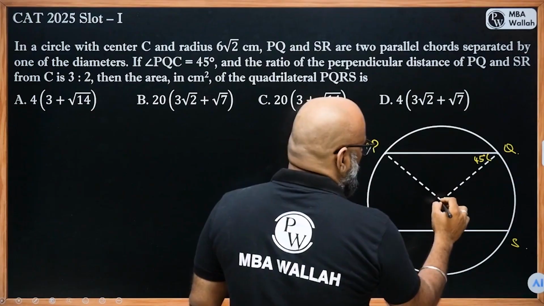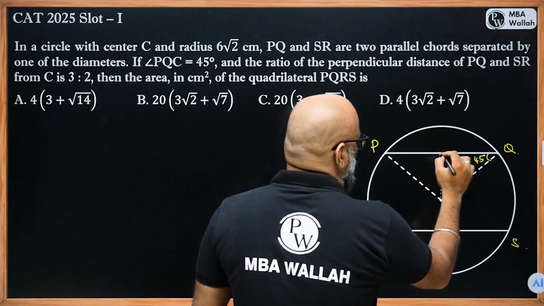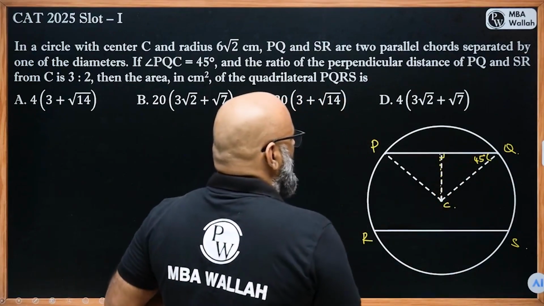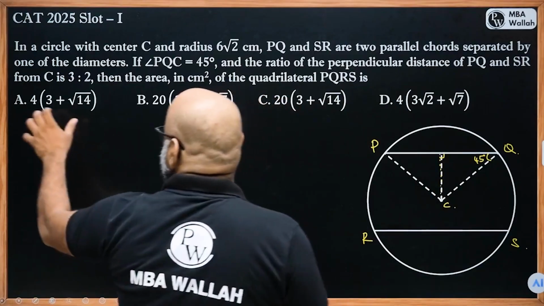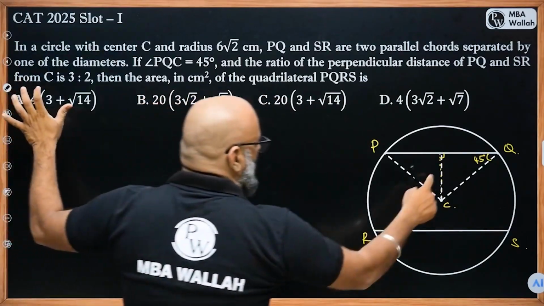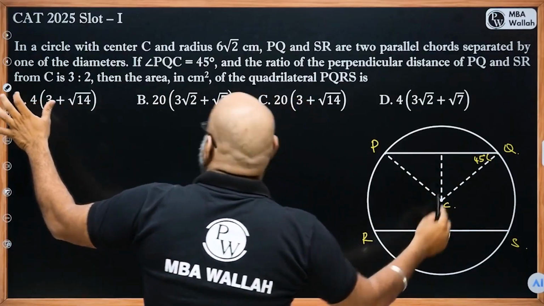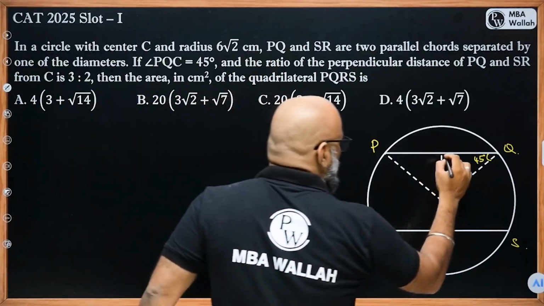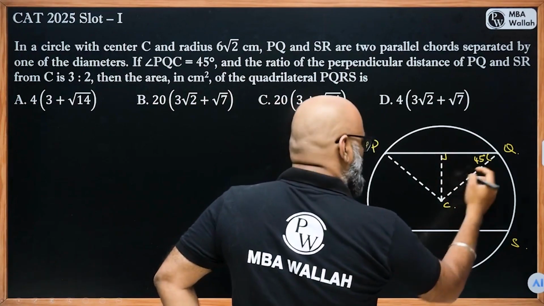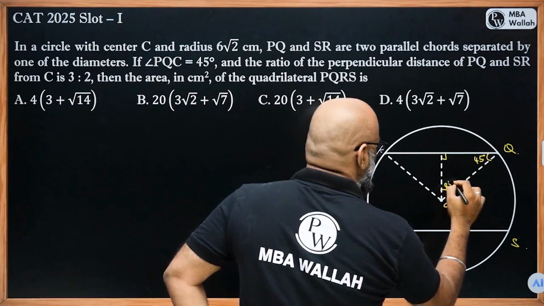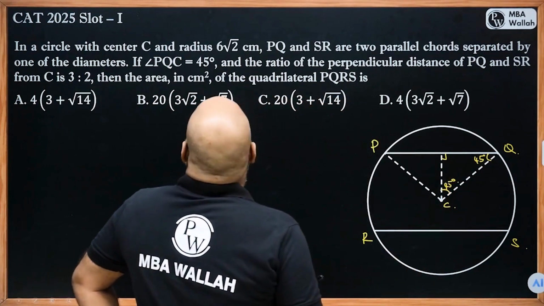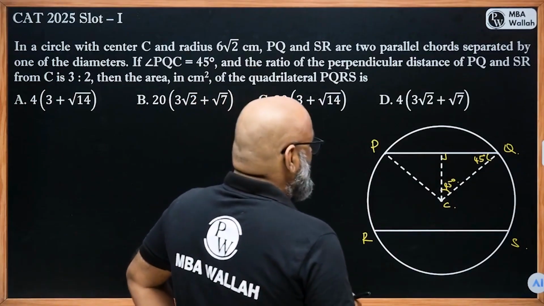Now we know that when you draw a perpendicular from the center to the chord, it will be 90 degrees. I want to use that. This needs to be 90 degrees. If this is 90, this is 45, this is 45. The radius is given as 6 root 2.